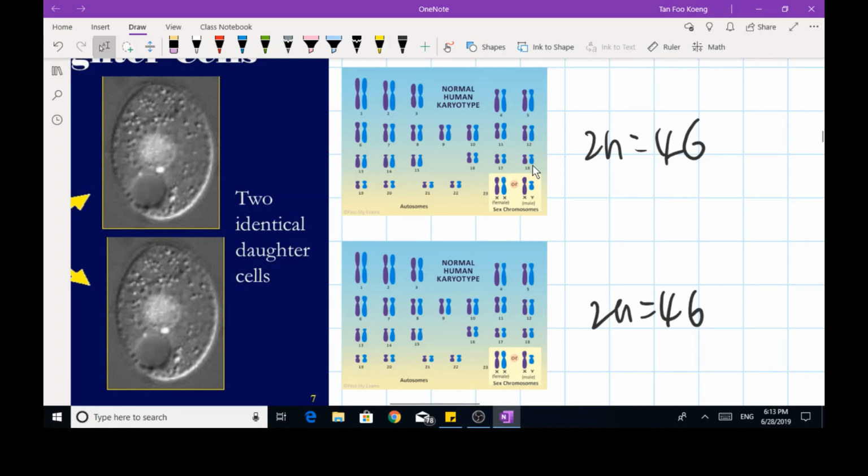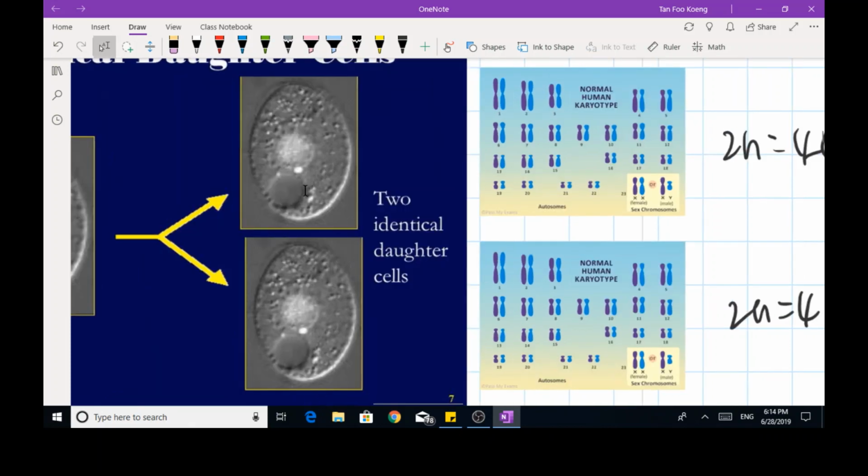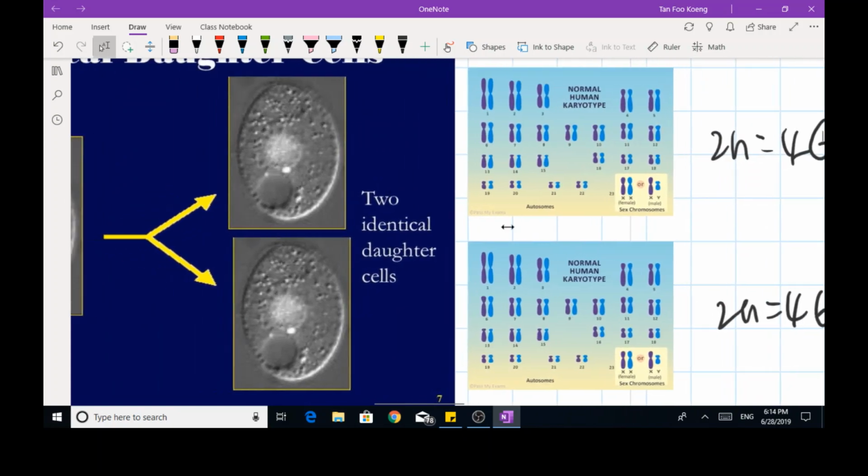Remember, if you join up these 2 diagrams together, you get them in the duplicated form. But during anaphase, these 2 separate. One goes to the north, one goes to the south. So that's why we have the 2 diagrams like this. Each daughter cell will have 2n equals 46.